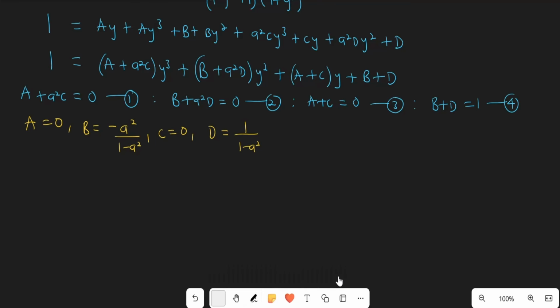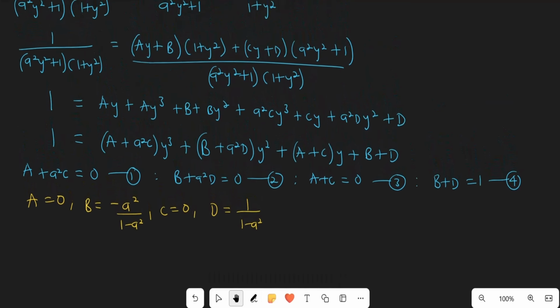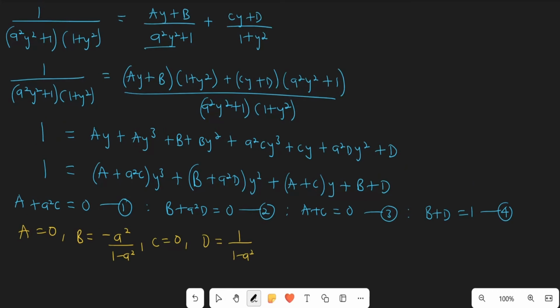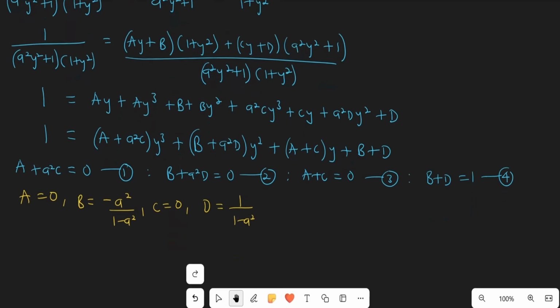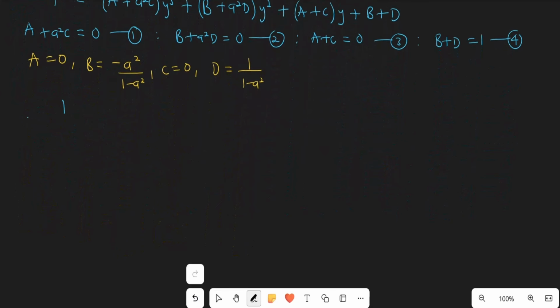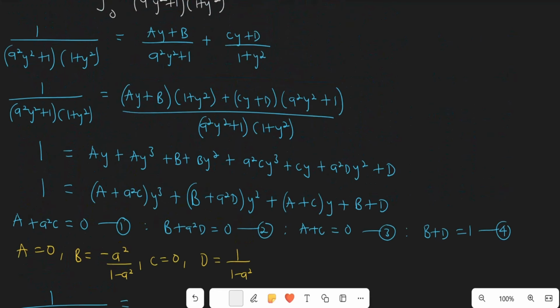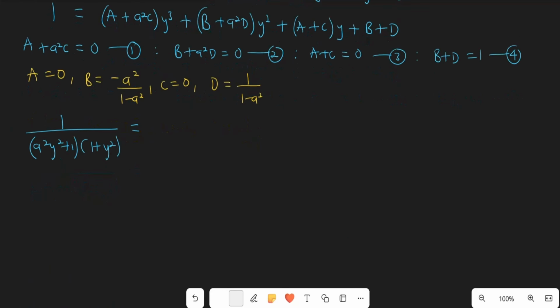Now that we have this, we can go back to our partial fractions, that is from here, right? And then we simplify it out. So we have 1 all over a squared y squared plus 1, multiplied by 1 plus y squared. This is equal to, we have ay plus b, right?